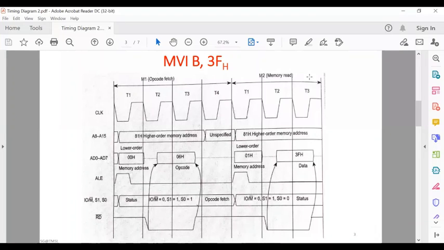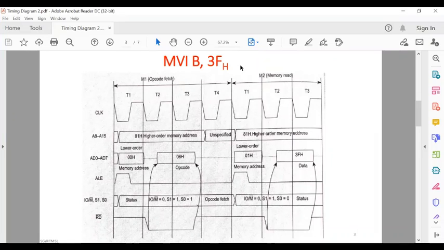Every instruction has its opcode. You don't need to generate it, it is already generated. An assembler is used, so the machine code, that opcode, is already given. You don't need to generate it yourself, it is already predefined.